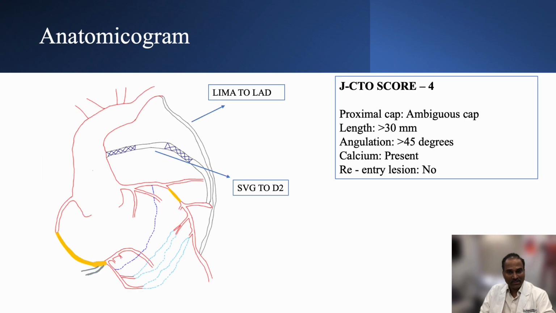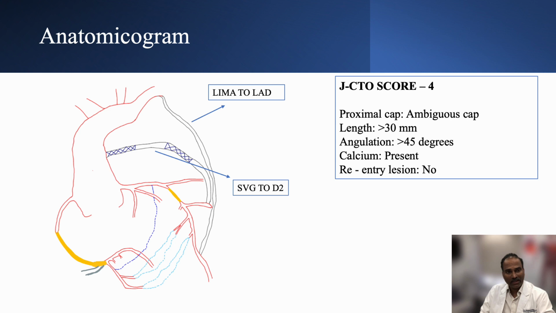This was his angiogram. Since he had significant myocardium at risk of ischemia, more than 10%, and also viable myocardium in the RCA territory, we advised PCI to the RCA CTO.